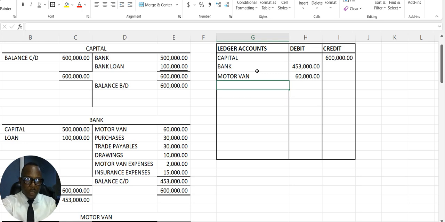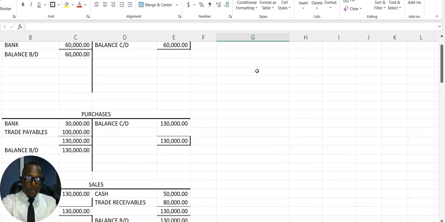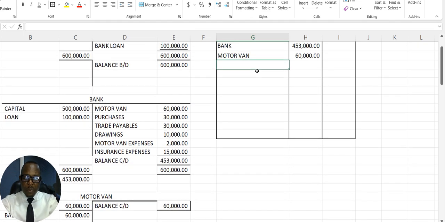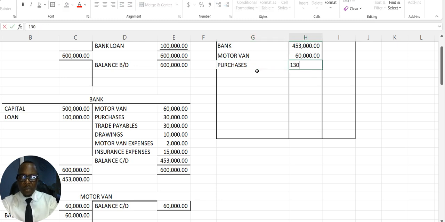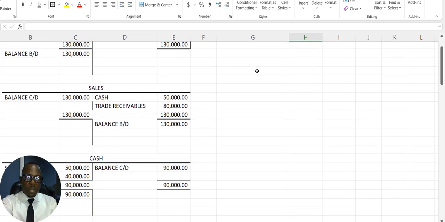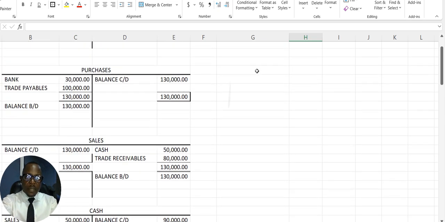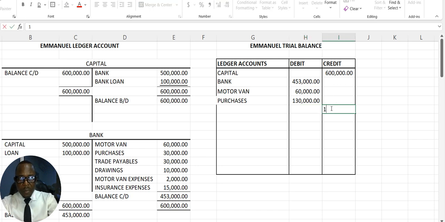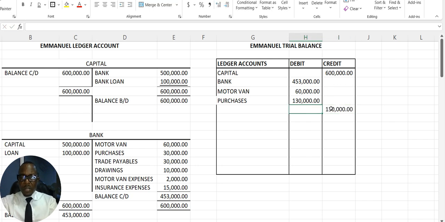Right, the next thing is what? Purchases, 130 on the debit side. All right, the next one is sales, and it has 130 on the credit side. Sales, 130 on the credit side.